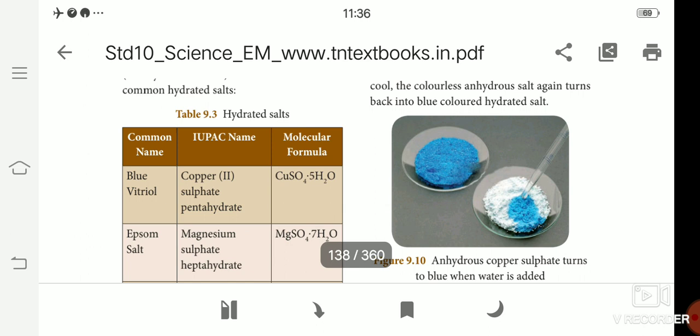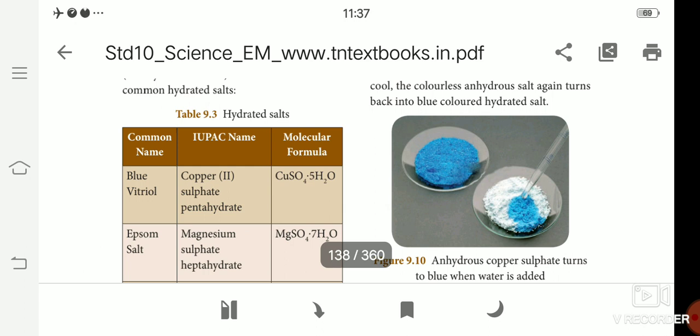The formula is CuSO4 5H2O. Then Epsom salt is magnesium sulfate heptahydrate. Hepta means 7. The formula is MgSO4 7H2O.